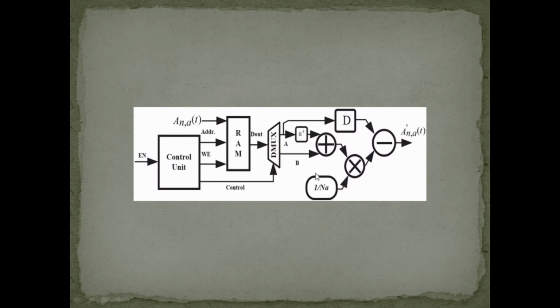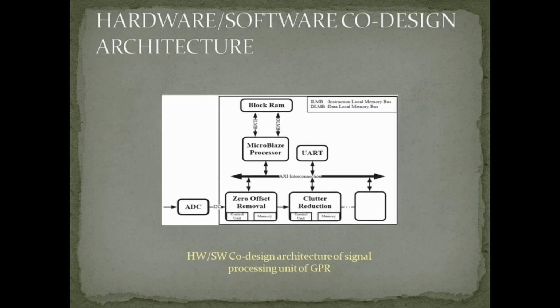This is the basic block diagram of clutter reduction, where again the control unit, RAM memory, DMux and multipliers are present, and I will also discuss it in the upcoming slides along with the full architecture. So this is the hardware software co-design architecture of the proposed project, the architecture of the signal processing unit of GPR.